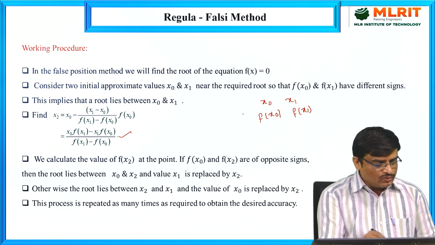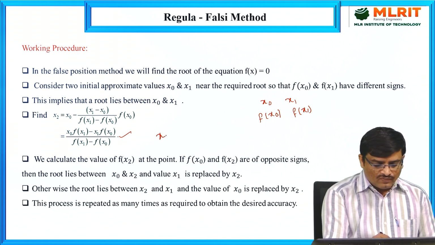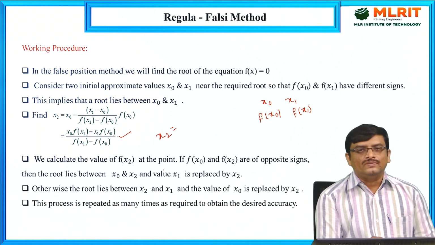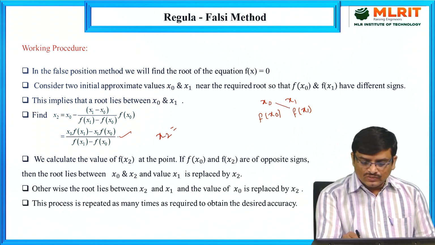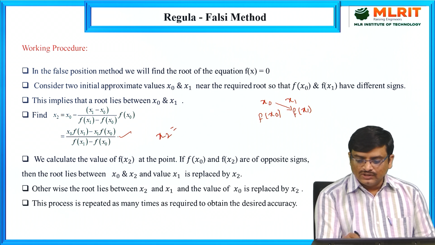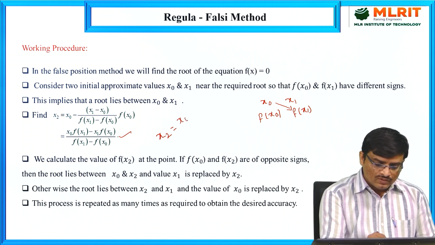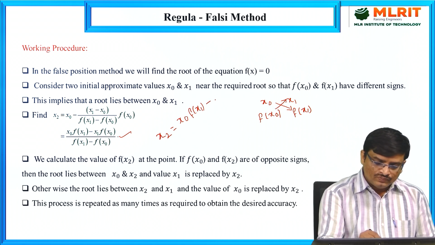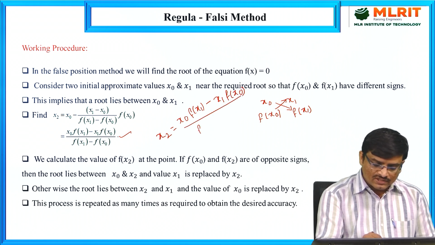Now we are going to find the first approximation using Regula Falsi method. You cross multiply these two. So x0 into f of x1, minus, next you multiply these two, cross multiplication, x1 into f of x0, divided by, write down these functions as it is, f of x1 minus f of x0.